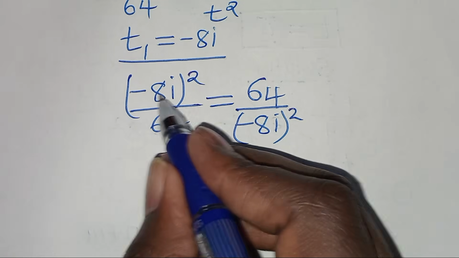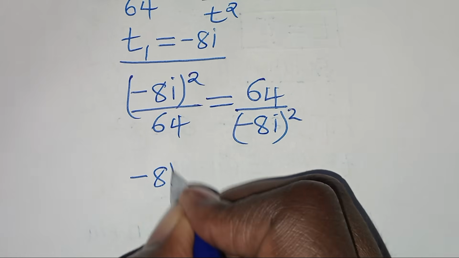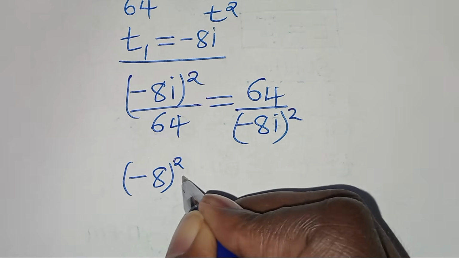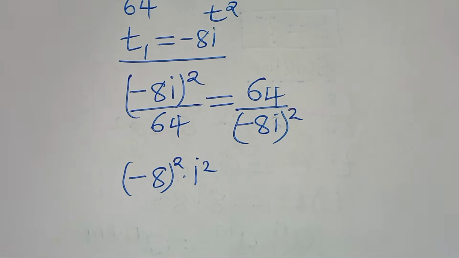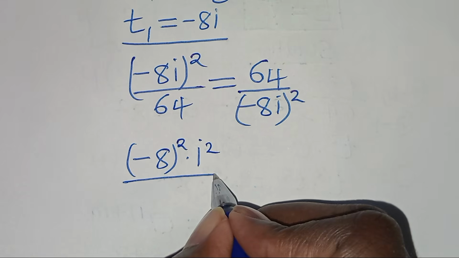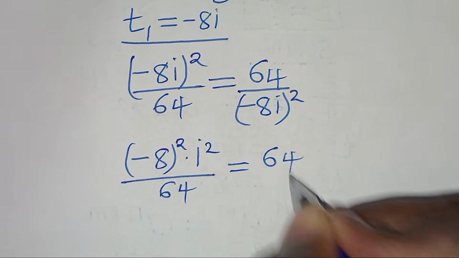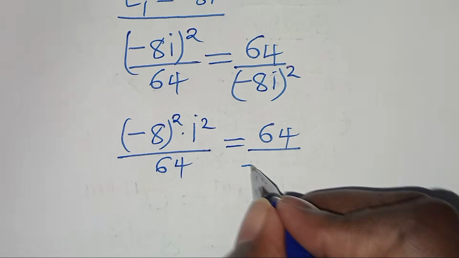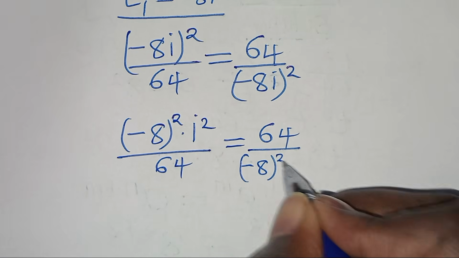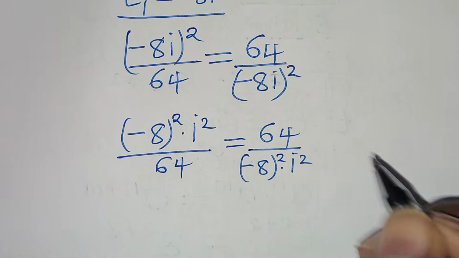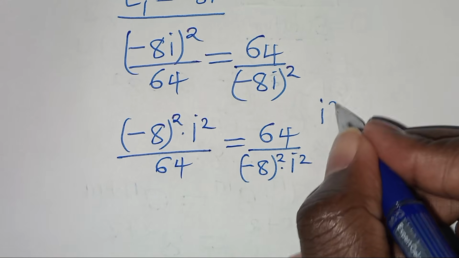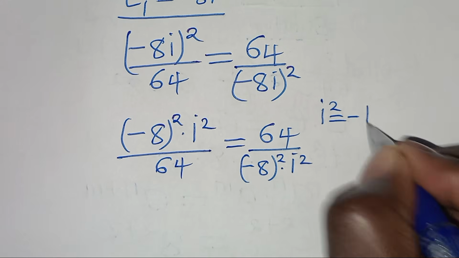This is the same thing as minus 8 raised to the power of 2 times i squared, divided by 64, equal to 64 divided by negative 8 squared times i squared. But i squared is the same thing as minus 1.